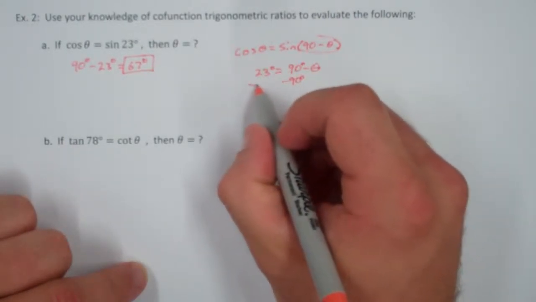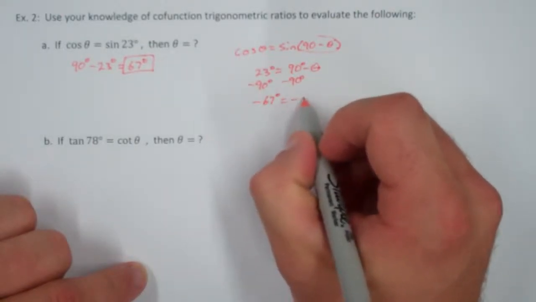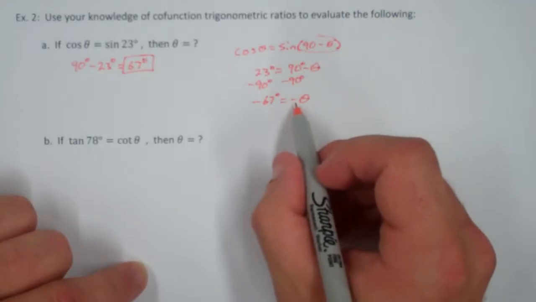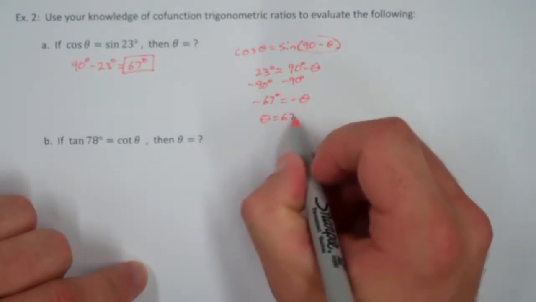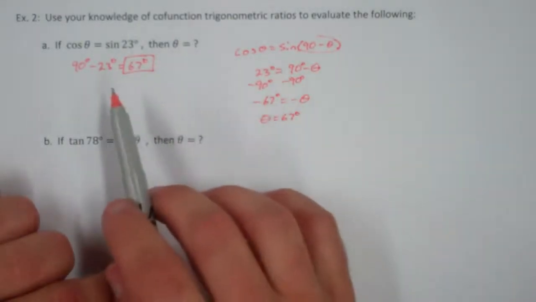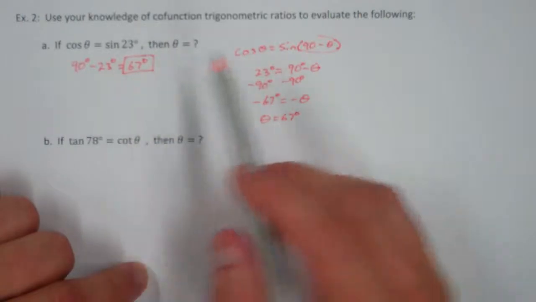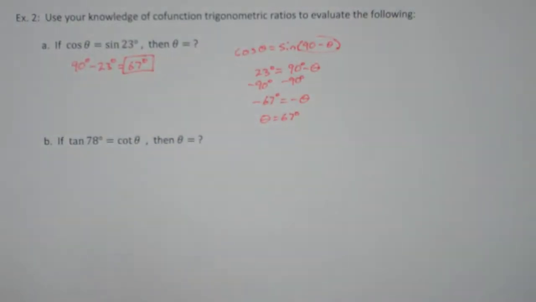So we've got 23 minus 90, which is negative 67. That's equal to negative theta. Multiplying by negative 1, we would get theta also to be 67 degrees. This is an alternate method. It's not necessary. This one's kind of short and easy, but if you were wondering how the algebra kind of worked out, well, there you go.